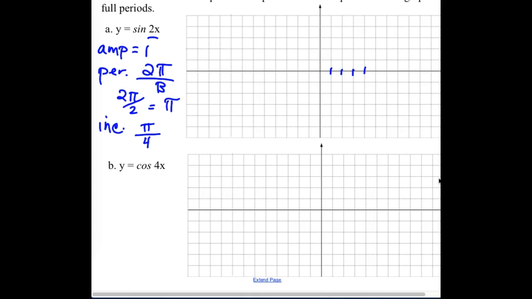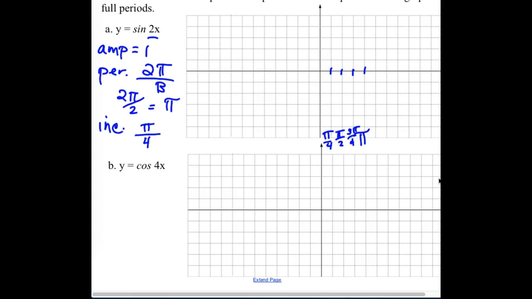To get to that 4th chunk, I should be at pi by then, right? If I go by pi over 4s, does that work? Now, I'm writing them down at the bottom just because with this thick marker, it kind of hides the dots that I'm going to be putting in there. But you can certainly label them up by the axis.